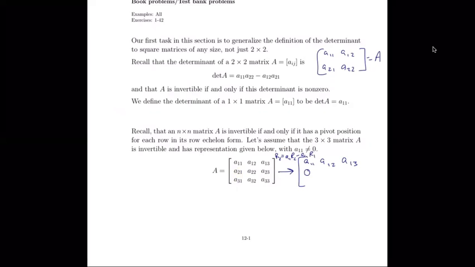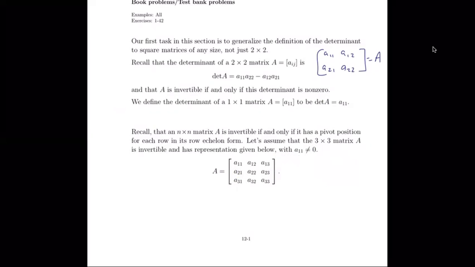Well, that definitely zeroes this out. And we'll have A11 A22 minus A21 A12 as that entry, and we're getting a little bit crowded here, so let's see this with a little bit more space.